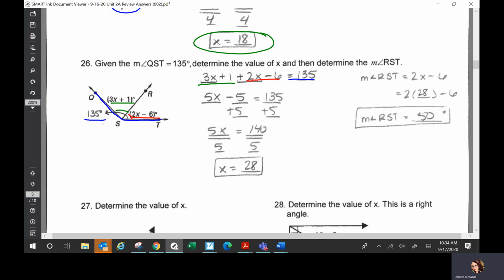Okay. Then your question asked you to find the measure of RST. Well, RST is 2x minus 6. I'll do that in red.